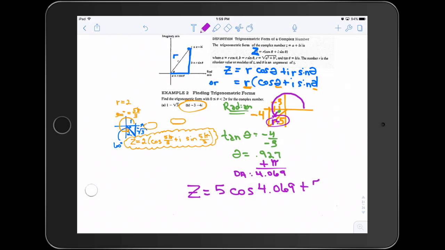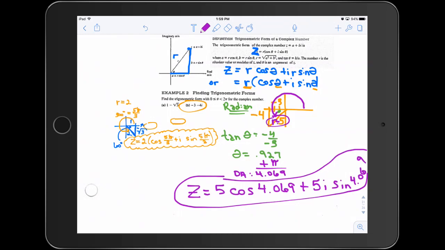I like writing it like this just because of who I am. And then sine of 4.069. And that big old ugly thing is the trig form of that complex number.